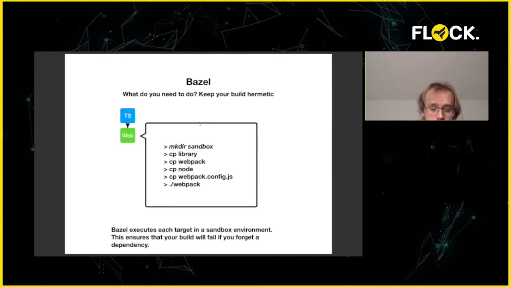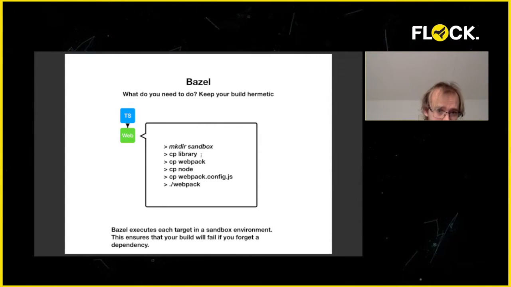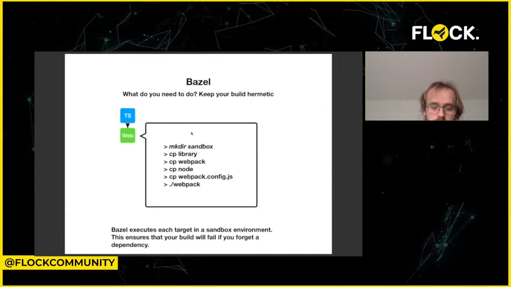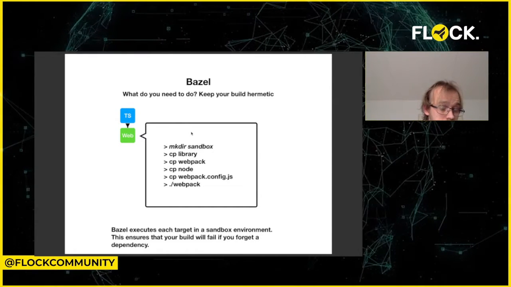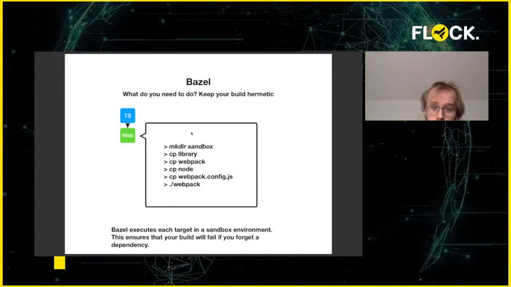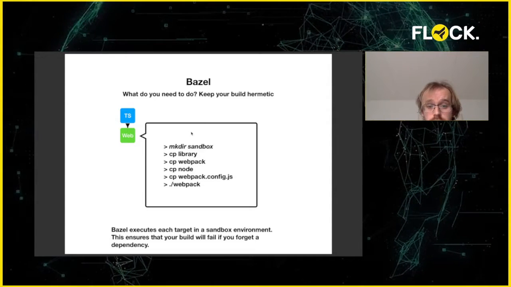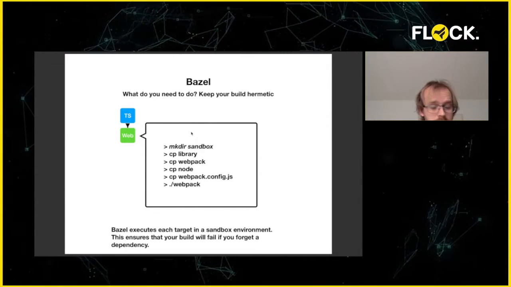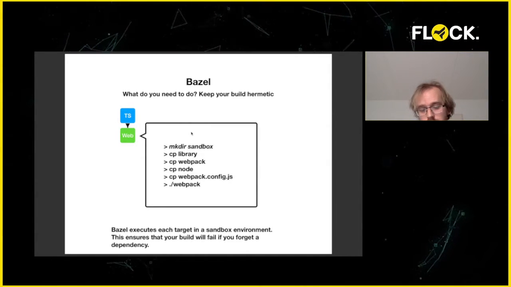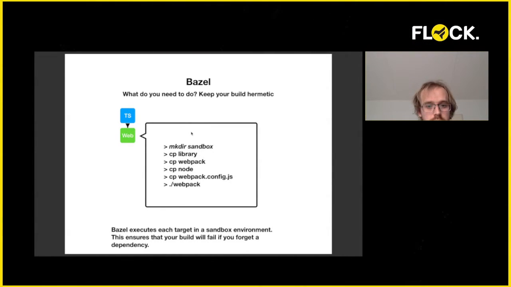So for the Webpack build, of course, it will copy the library it depends upon. It will copy the source code itself. It will copy Webpack itself. But it will also copy Node, because we had to specify Node as an external tool to BAZEL. So BAZEL knows we are using Node. And it will also copy the Webpack configuration.